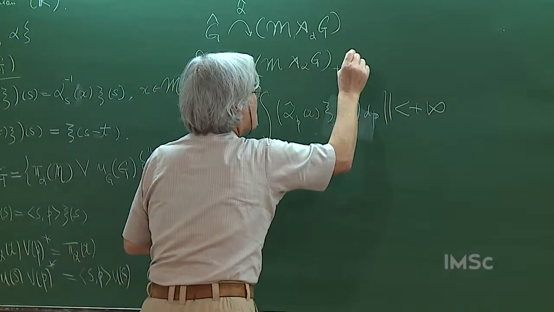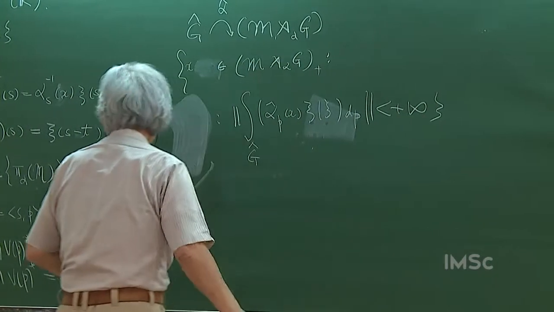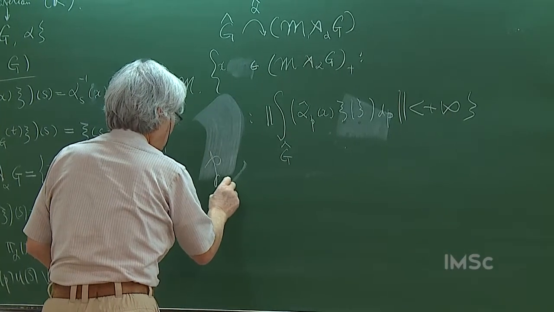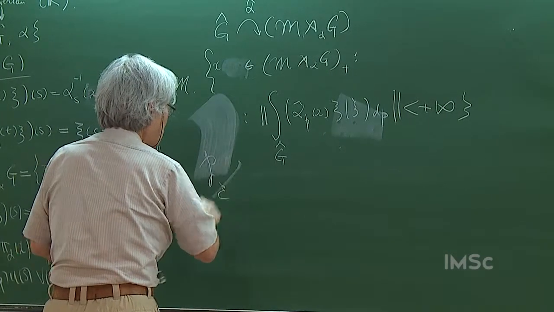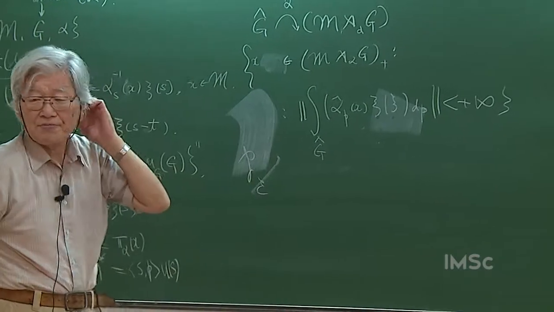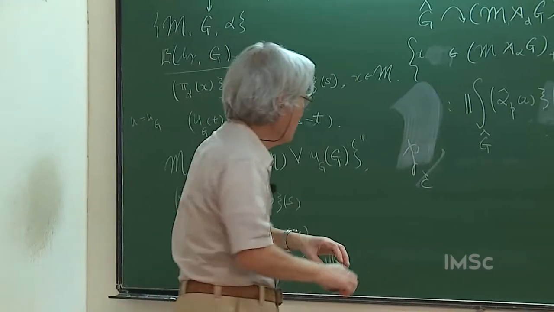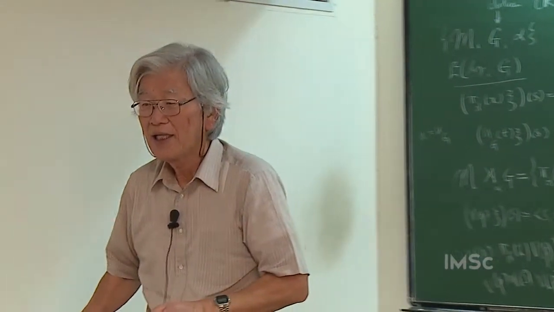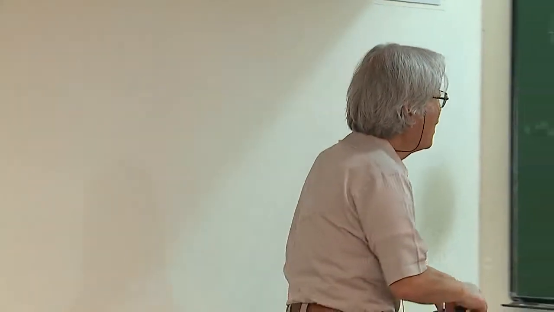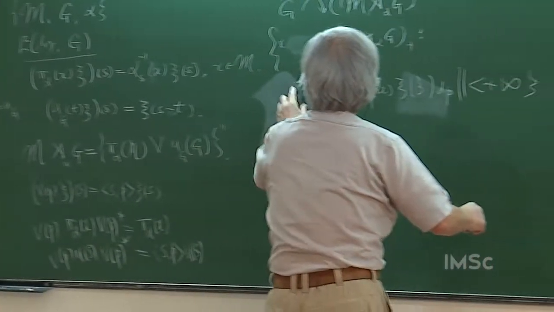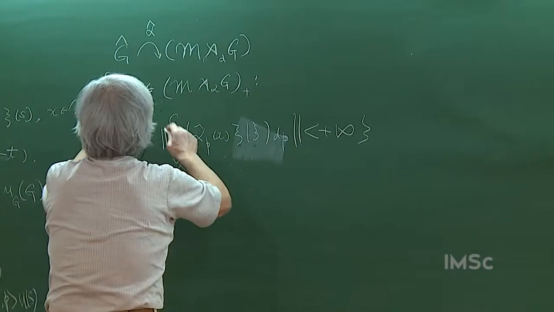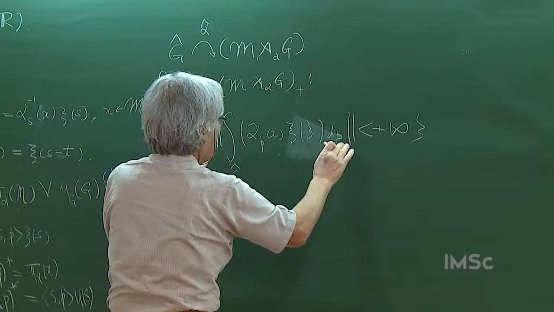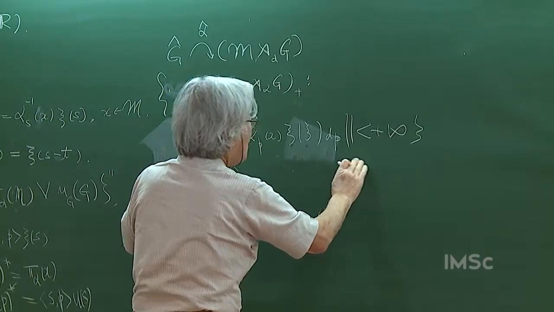Then this has a cone inside. For every Xi, that condition makes sense. X is a positive element which has the finite value.